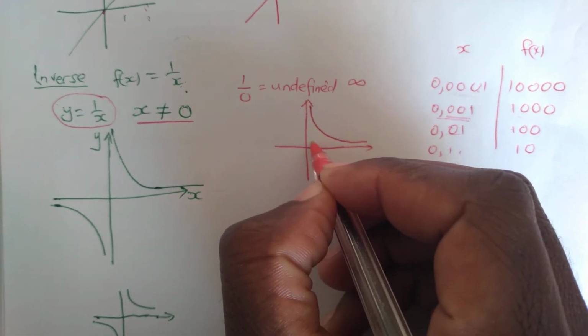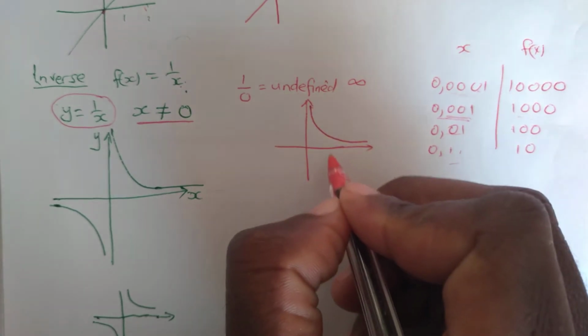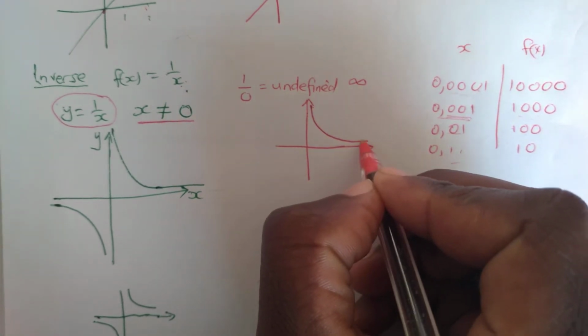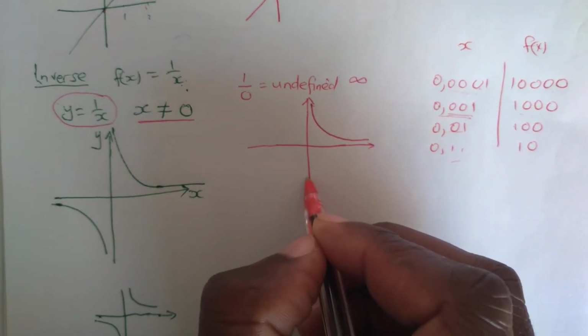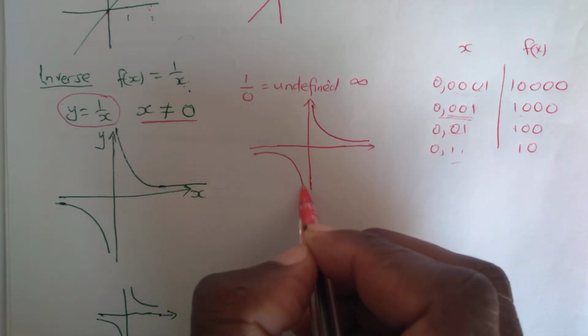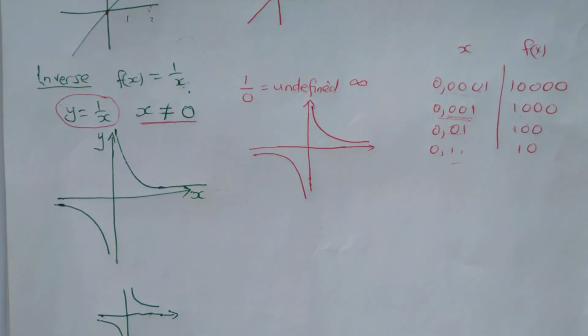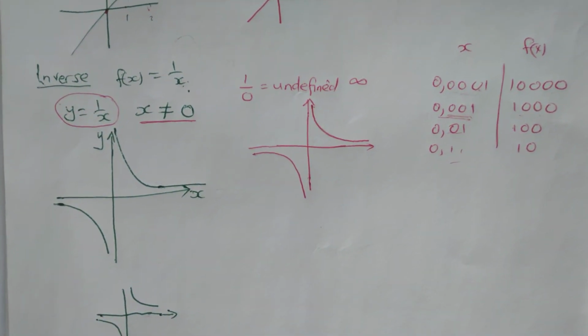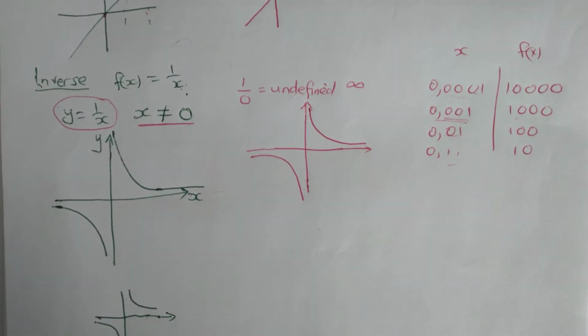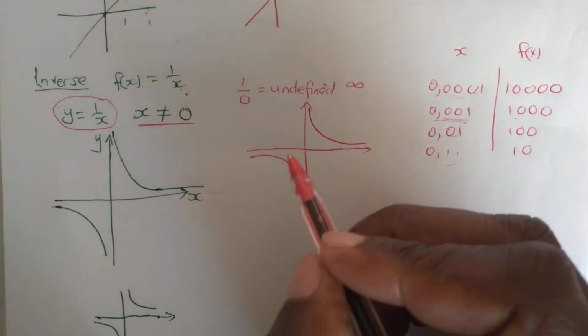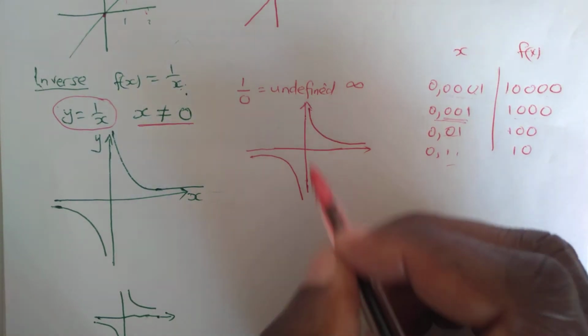When x is small, y is big. But when x is big, y is small. The same thing applies on the negative side. That's what you get. But what you have to take note of is that you will never get values on the x-axis and on the y-axis.